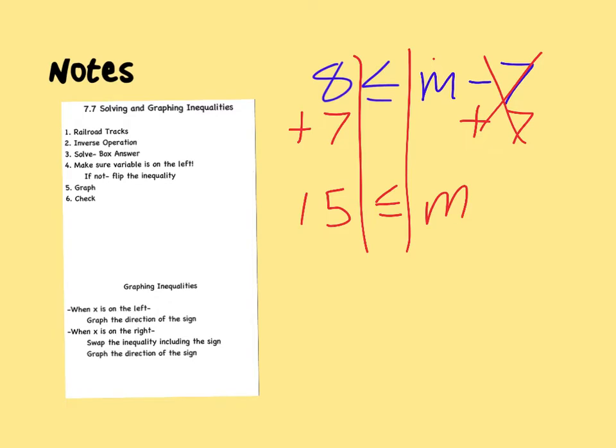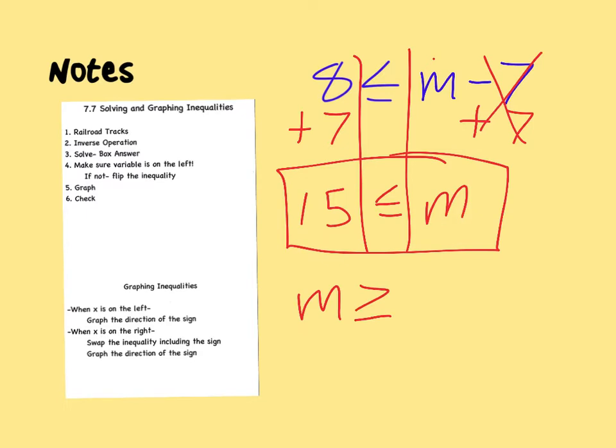Now, here's where things are a little bit different with these. If your variable is on the right, it makes it really, really difficult to graph from there. So what you have to do is take the inequality and flip the entire thing around. So we're going to flip this and call it m is greater than or equal to 15.